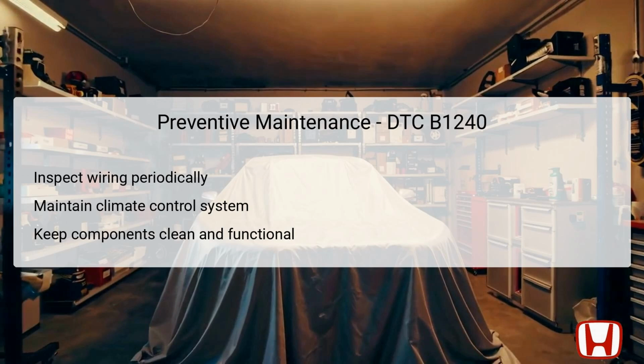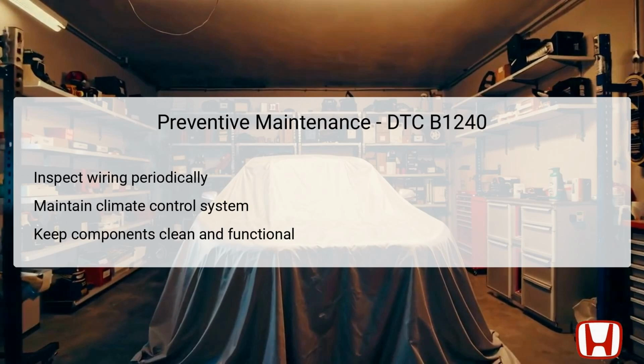To prevent future occurrences of DTC B1240, it's important to implement a rigorous preventive maintenance schedule. Regular inspections of the wiring associated with the mode control motor circuit can help in identifying any wear and tear before they escalate into larger issues.